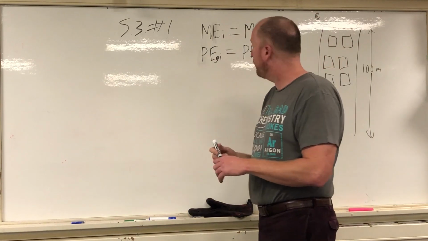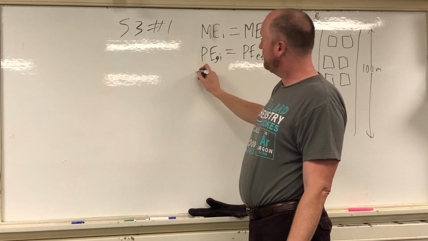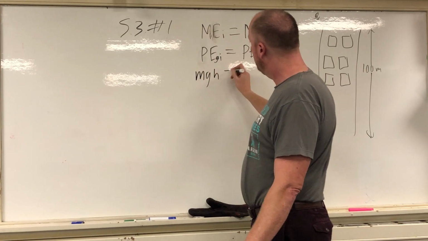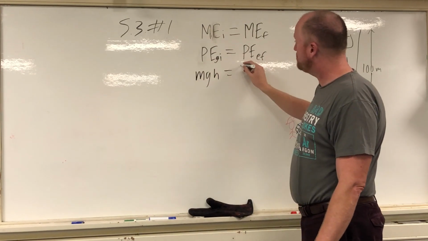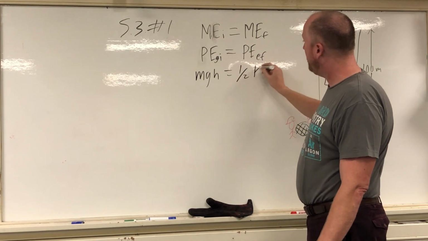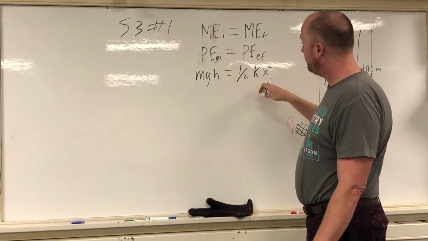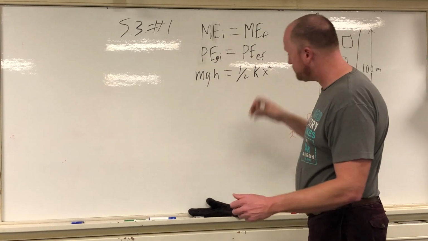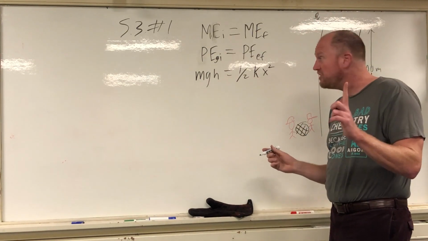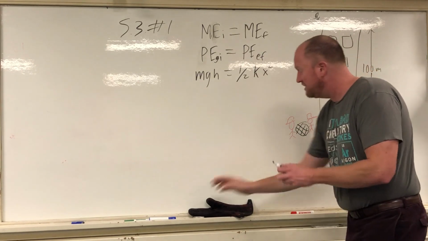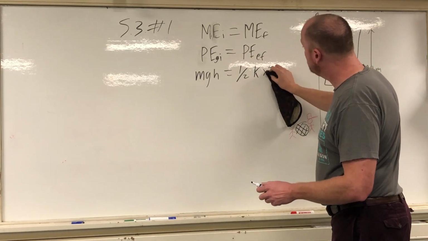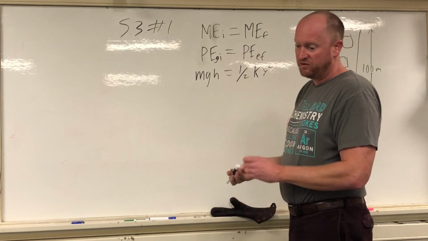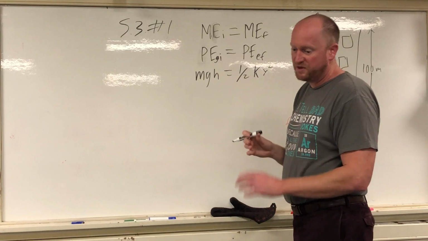The formula for gravitational potential energy is mgh. And the formula for elastic potential is 1/2 kx squared. K is the spring constant, and x is how far it's stretching. Actually, now that I think about it, you're stretching downward, so that x should be a y. Shouldn't it? All right, so let's figure out what y will be.